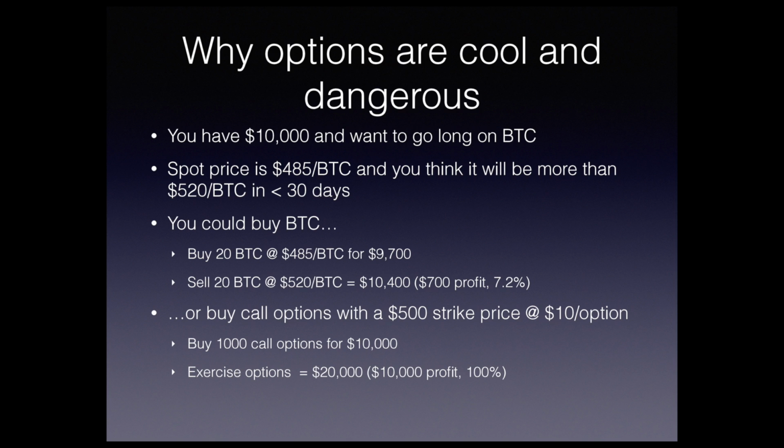Or you could buy call options if they had a $10 price on them and exercise those options and make 100% profit. So options are really pretty attractive, but they're also very dangerous. In the first scenario, you're not risking so much in loss. In the second scenario, if you're wrong, you could lose $10,000.